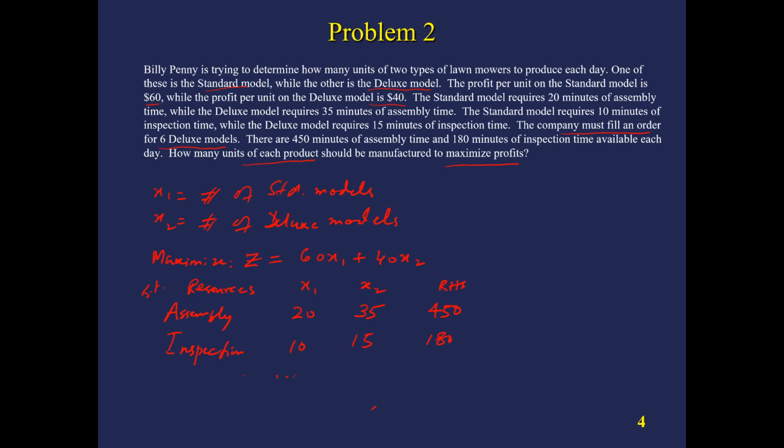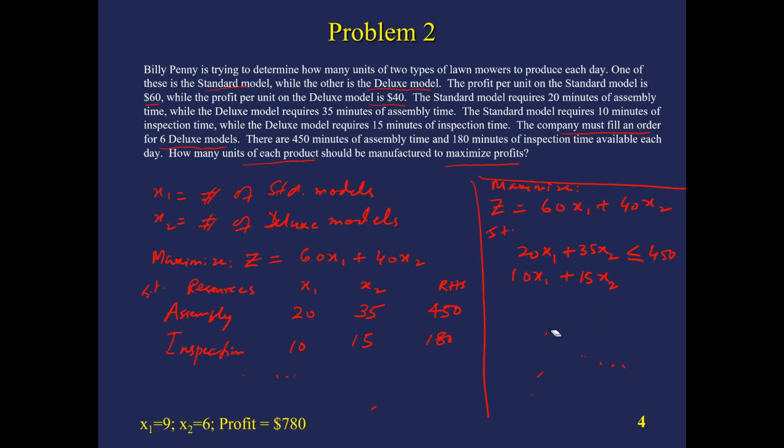So if we write the whole thing, it will be maximize z is equal to 60 x1 plus 40 x2, subject to 3 constraints: 20 x1 plus 35 x2 less or equal to 450, and 10 x1 plus 15 x2 less or equal to 180.